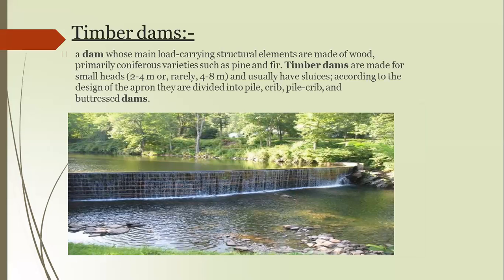You can see in this picture that the weir-like structure is formed with the help of timber, and this structure retains the water flow. So a small reservoir can be created, and water is allowed to pass over it. If water is allowed to pass over it, then it is a weir-like structure. So this can be classified as a small dam structure, with timber used as the dam wall.